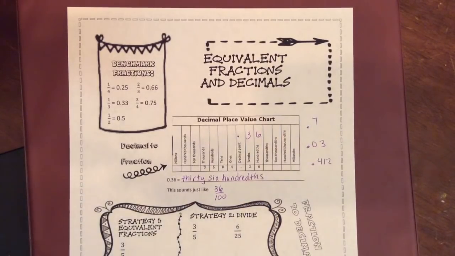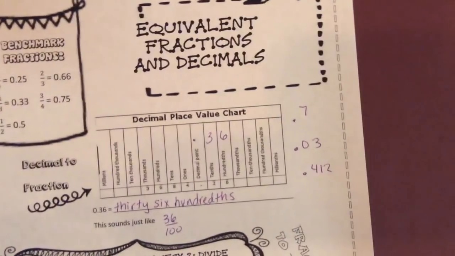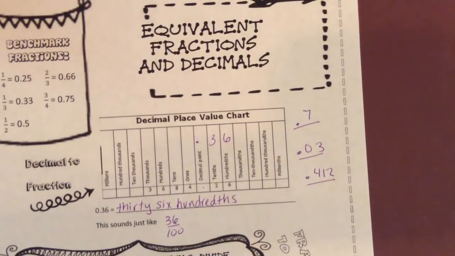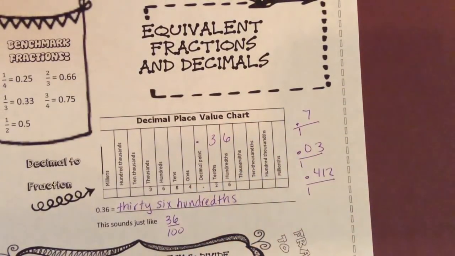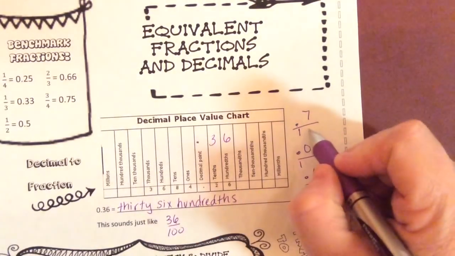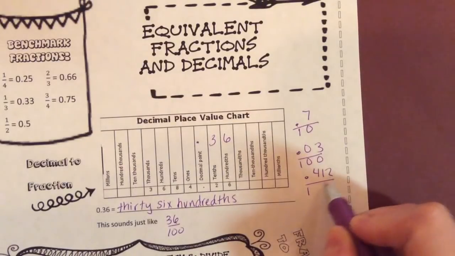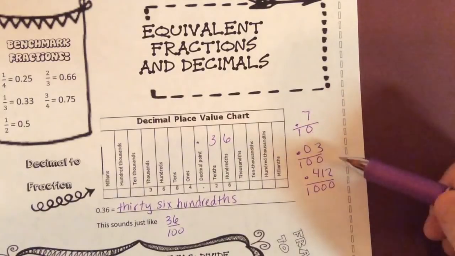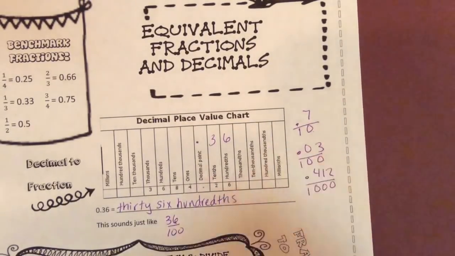Any decimal that you have, you can just underline your number, and you put a 1 right below your decimal, and then a 0 under all of the other digits. So you have a 0 and a 3, so I'll put 2 zeros. 412, it would have 3 zeros. So I'll just read this as 7/10, 3 100ths, or 412 thousandths.